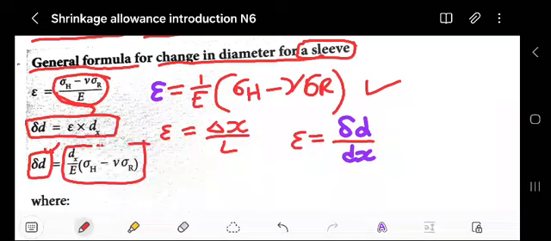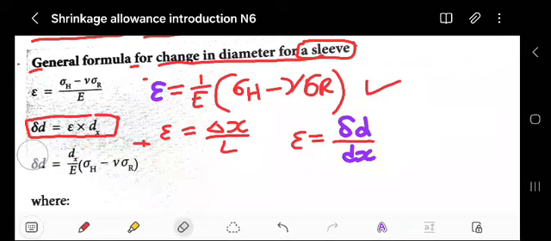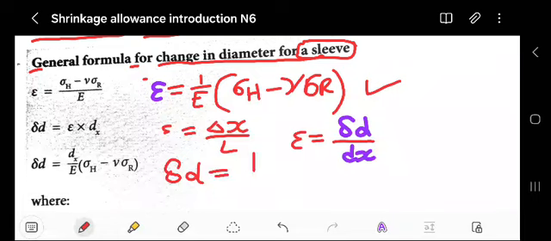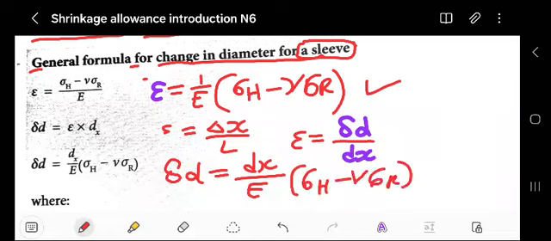The strain is given by that. That is how we calculate the strain. So the change in diameter of the sleeve will be equal to dx over E, times the hoop stress minus the Poisson ratio times the radial stress.